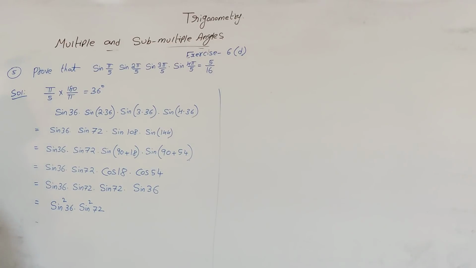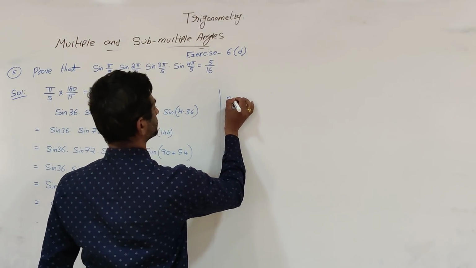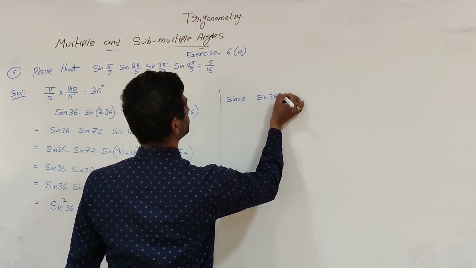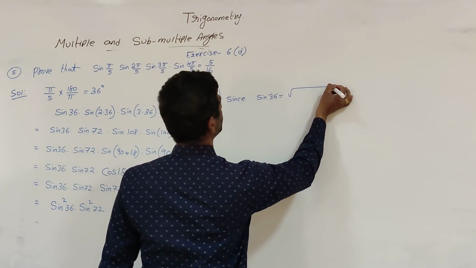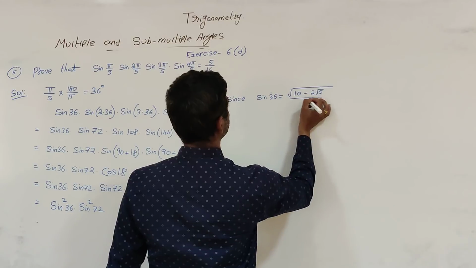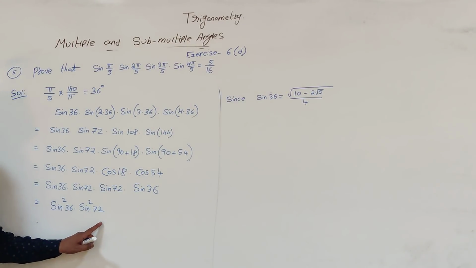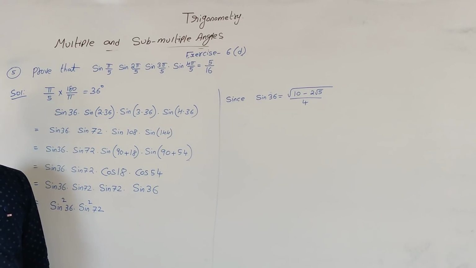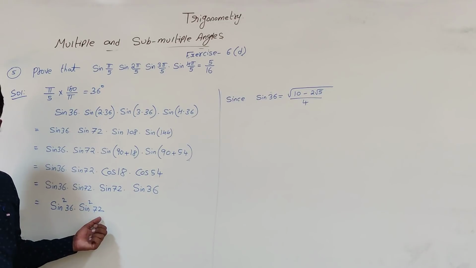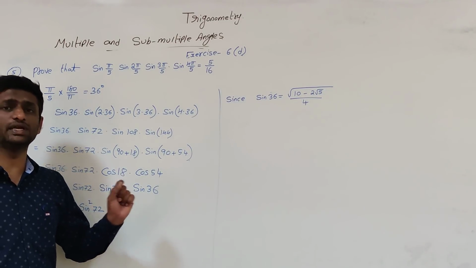Sin 36 is under root of 10 minus 2 root 5 by 4, and sin 72, what is the complementary of 72? It is 18 degrees, so sin 72 will be the same as cos 18.